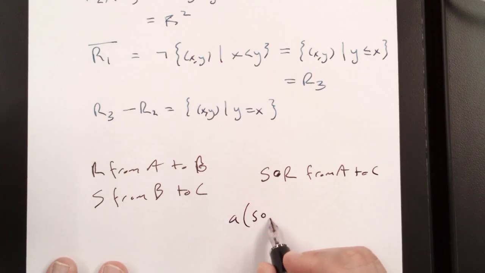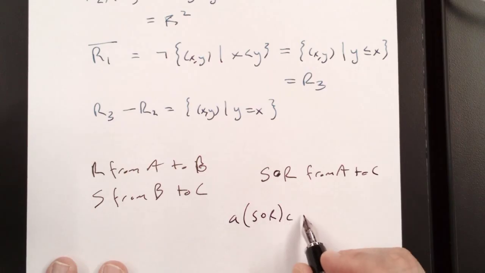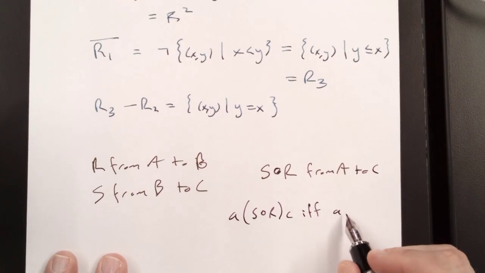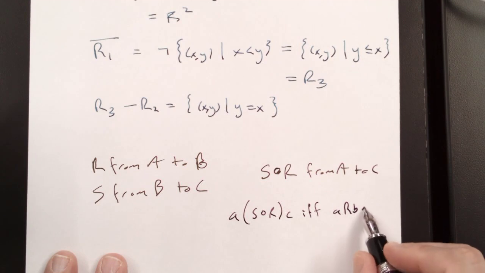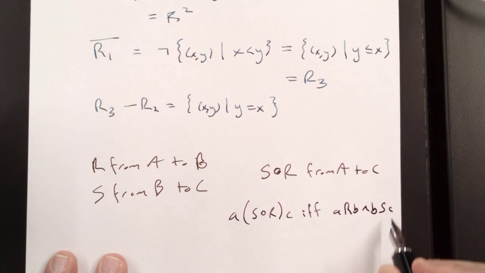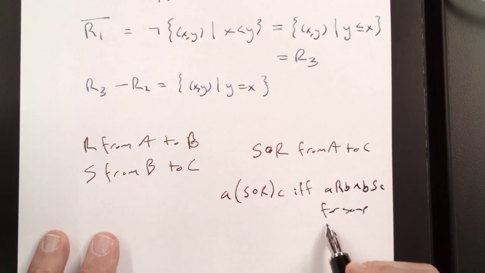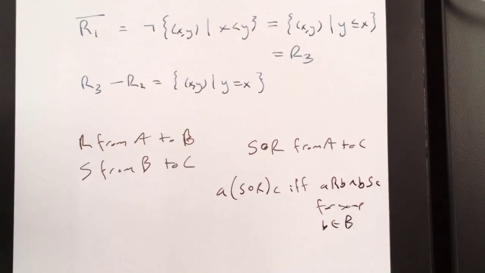A, C is in S composed with R if and only if A is related to B via R and B is related to C via S for some B.